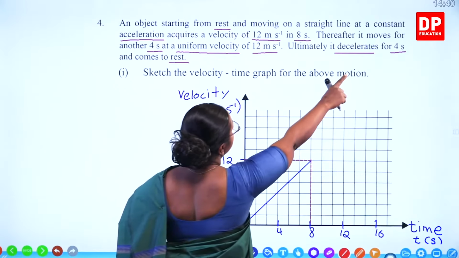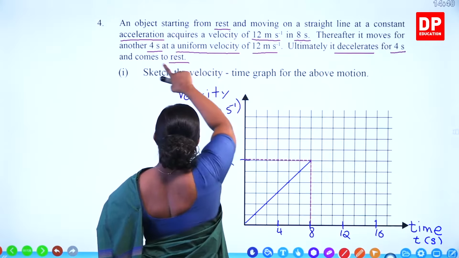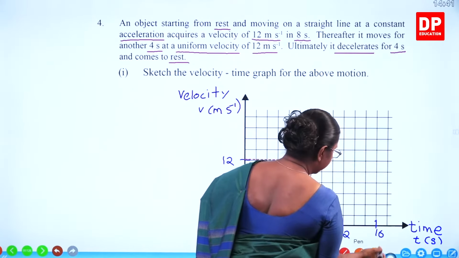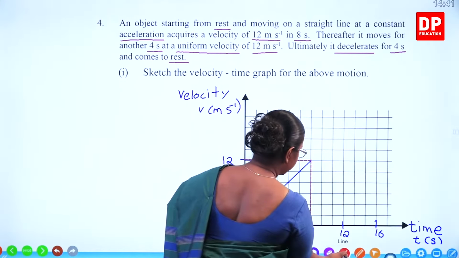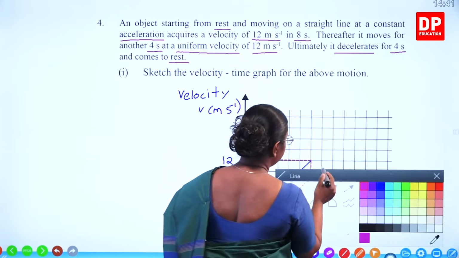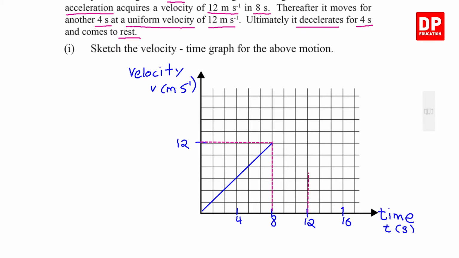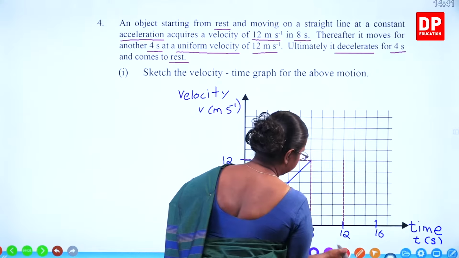Then the second part of the motion, uniform velocity for 4 seconds. So again another 4 seconds, that is uniform velocity. If we are to mark the values, it will come up to 12 seconds, and finally the 16 seconds.